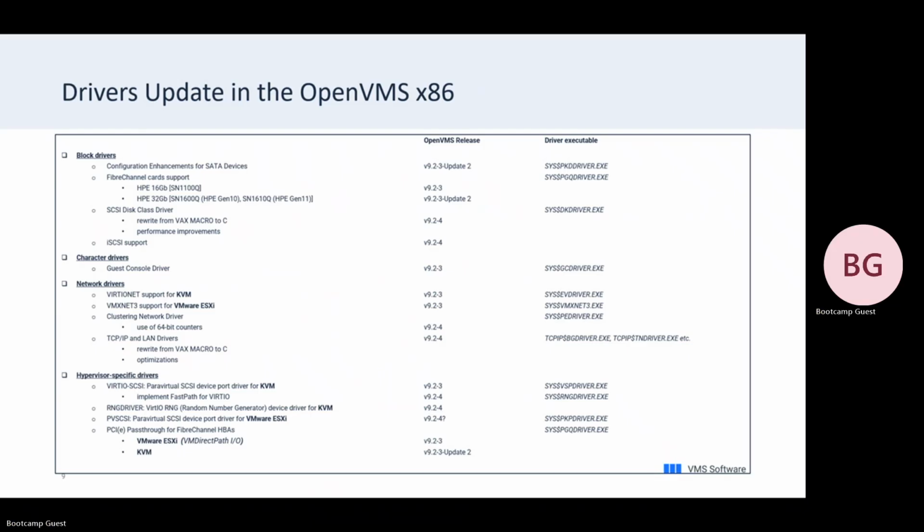Let's hope that this will be included in the 9.2-4 version. And of course, there are many references to this project, the SCSI support, and it will be a major feature in the next version of OpenVMS release. This is also part of the Greek team project.